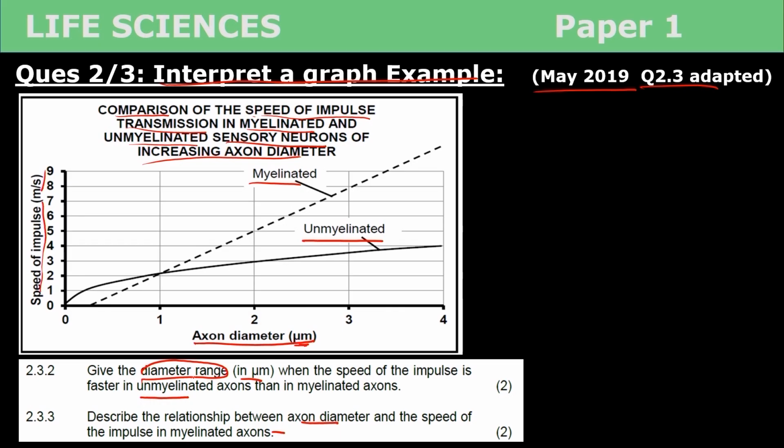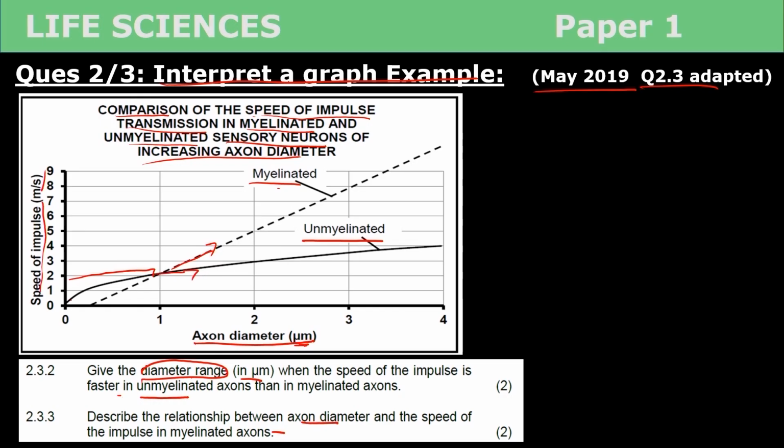Give the diameter in micrometers when the speed of the impulse is faster in unmyelinated than this one. So when was it faster? You check here. It was faster, and then here the myelinated became faster, and then this one dropped a bit.